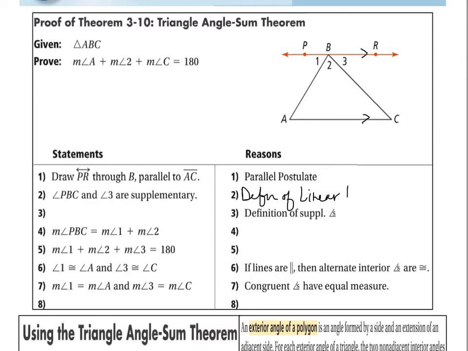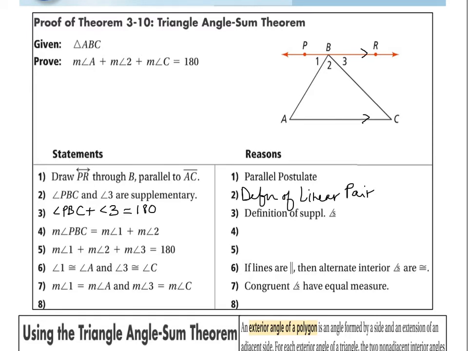They're a linear pair, so I know they're going to be supplementary. For step 3, the definition of supplementary angles, I'm going to take those two angles and add them to equal 180. So essentially this is angle PBC plus angle 3 is equal to 180 degrees.